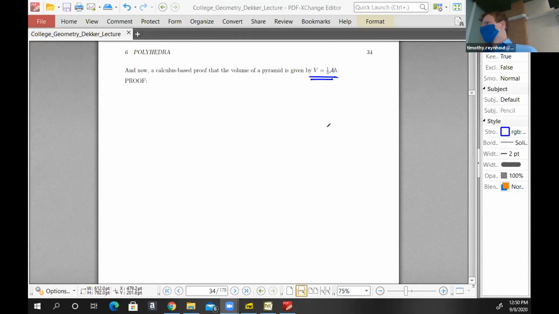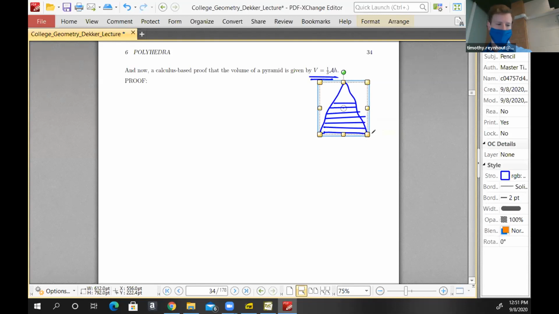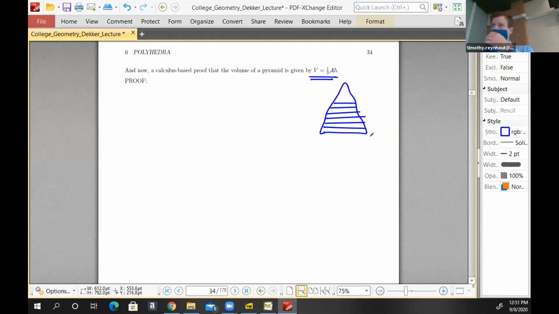But if we take a pyramid and we were to slice it, we could make a whole bunch of slices. Each one of these slices we can approximate with a rectangle, or instead of a rectangle, a prism.